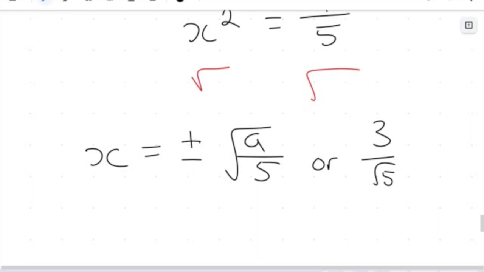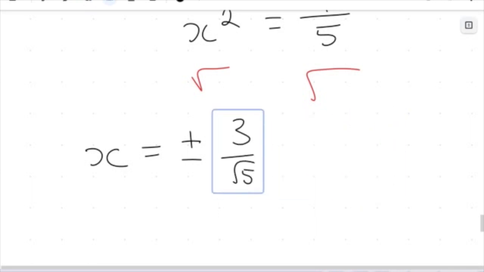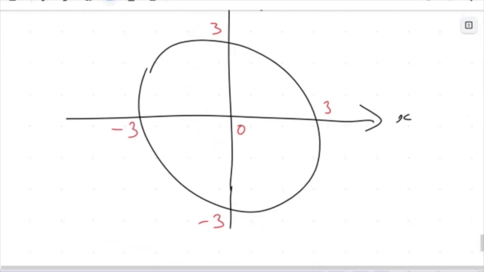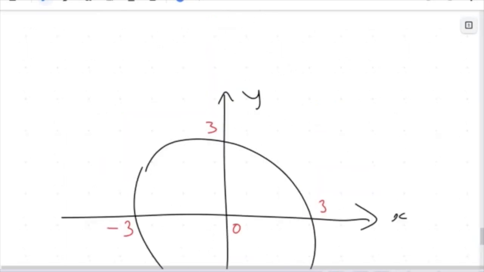So as we confirmed through our image, here I have a value of x being plus or minus 3 over root 5. So that means I have two particular solutions, two intersection points. And if we look down here, when I drew it originally, it looks like two intersection points. But we want to find exactly what those are.